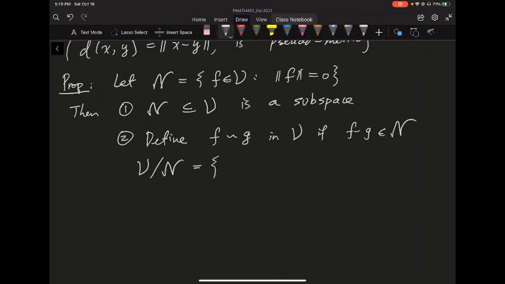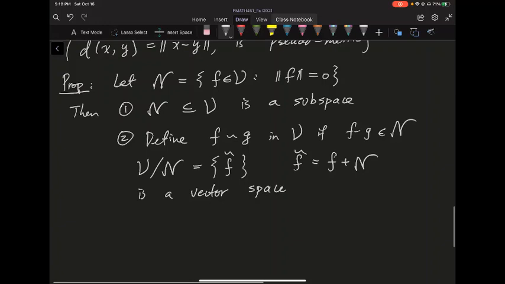Let's call the equivalence class of f, f tilde. Sometimes you can just write f plus n because everything is linear. So f and g are equivalent if and only if f is g plus some element of curly n. This is a vector space, and I actually want to show that this is a normed vector space.